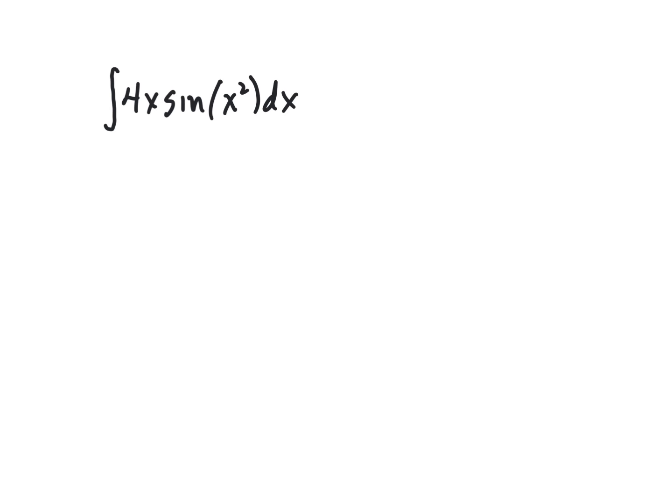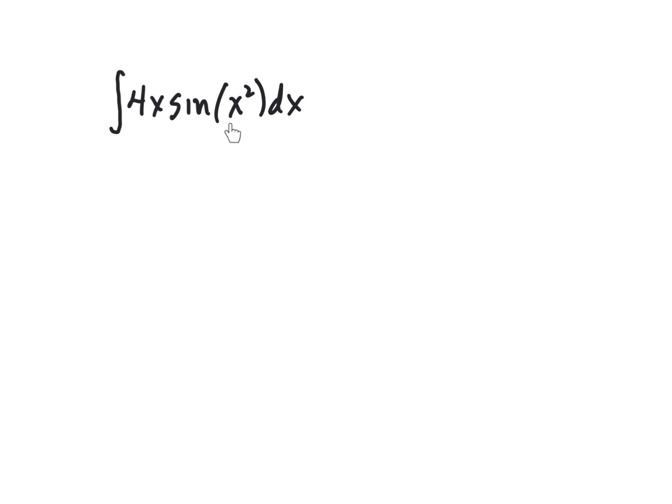So again, we've got a multiplication here, 4x sine of x squared. So I look and I think, well, the x squared right here, if I found the derivative, that would be 2x, and I could manipulate this 4x to be that 2x. And again, that's all you can do, manipulate that multiplier.